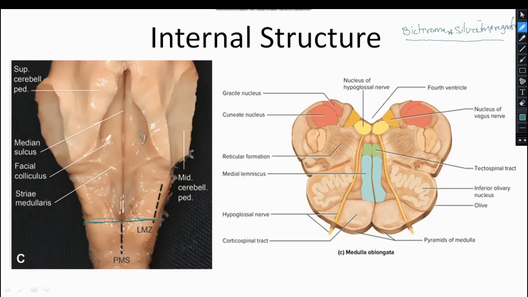In this closed part we study the internal structure at two levels. One is at the level of decussation, which is at the lower level, and this decussation is pyramidal decussation, and another at the level of sensory decussation.